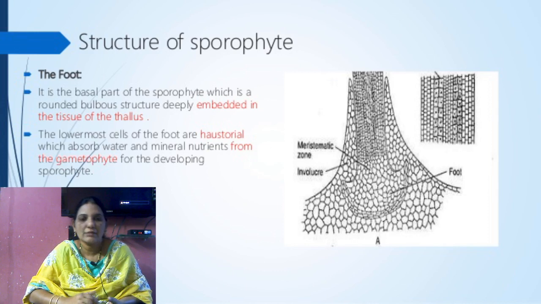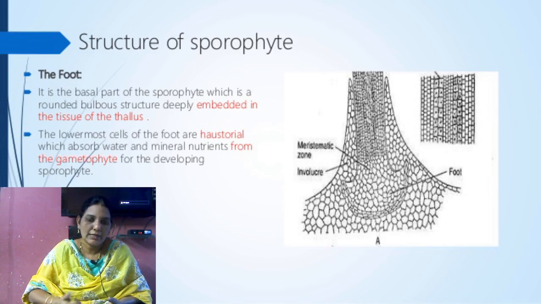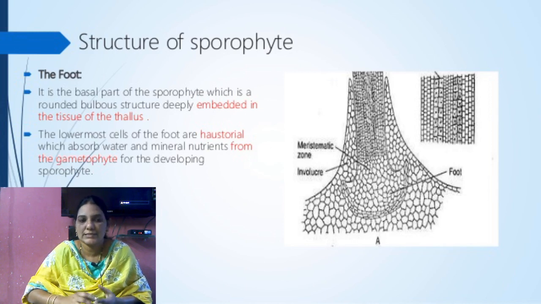They depend on the thallus only for water and minerals. They only absorb water and minerals, and they participate in photosynthesis because the epidermis cells contain chlorophyll cells. So the sporophyte participates in photosynthesis also. The sporophyte is partially dependent on the thallus.